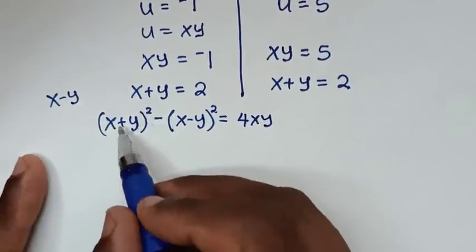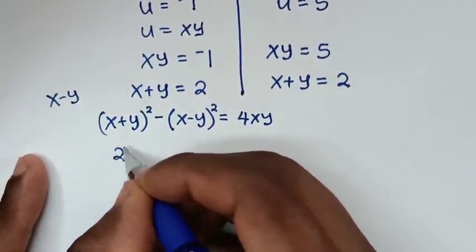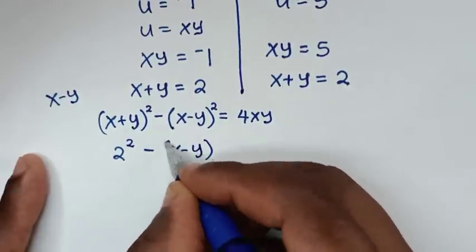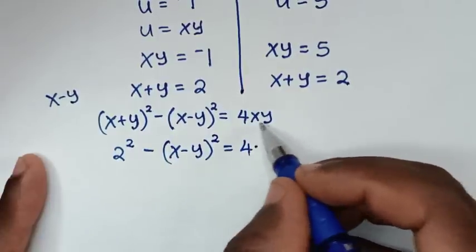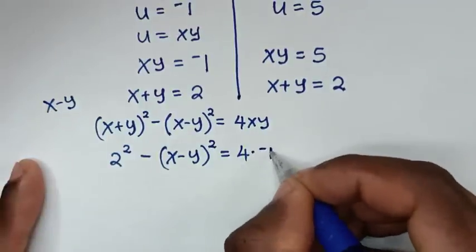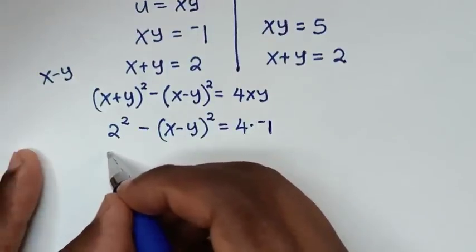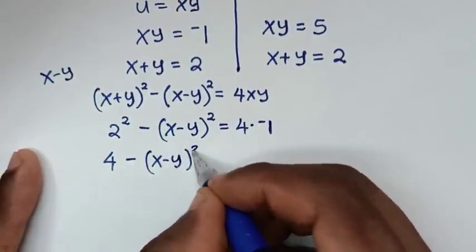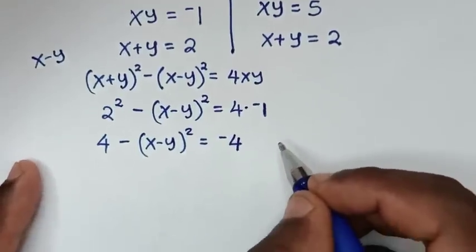Then from here, x plus y is 2, so in here we'll substitute 2, it will be 2 square, then minus (x minus y) bracket square is equal to 4 times xy, which is negative 1. So it will be 2 square, it is 4, then minus (x minus y) bracket square is equal to 4 times negative 1, which is negative 4.